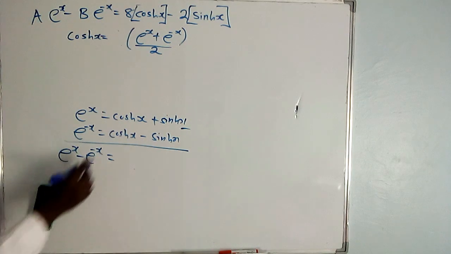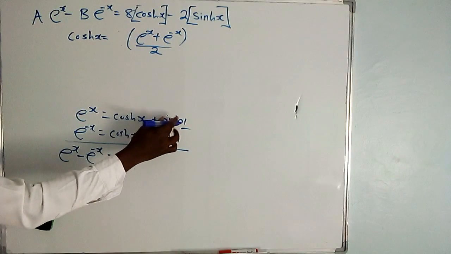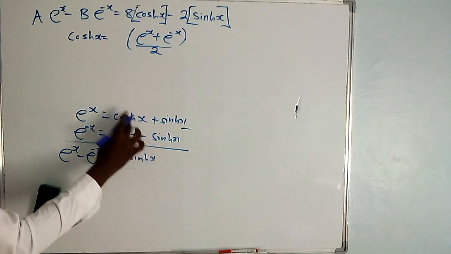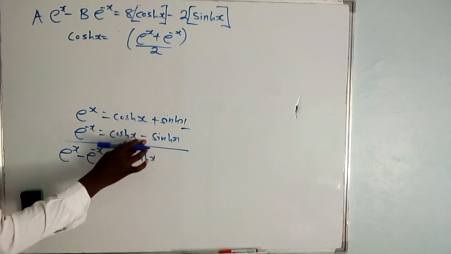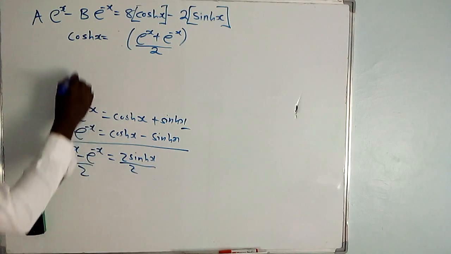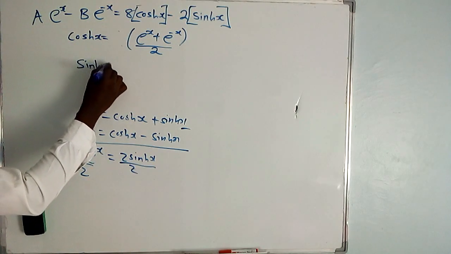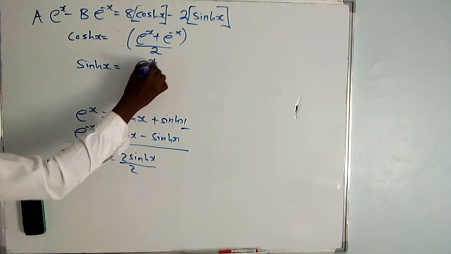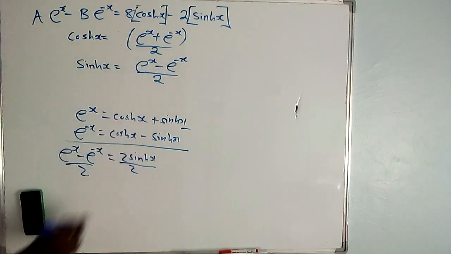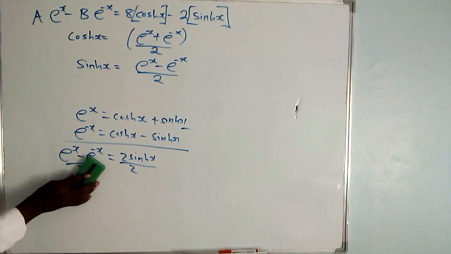Then on the right hand side, we have 2 sinh x, because cosh x minus cosh x is 0, sinh x minus negative sinh x is 2 sinh x. So if you divide both sides of the equation by 2, you get sinh x is exponential x minus exponential negative x divided by 2.